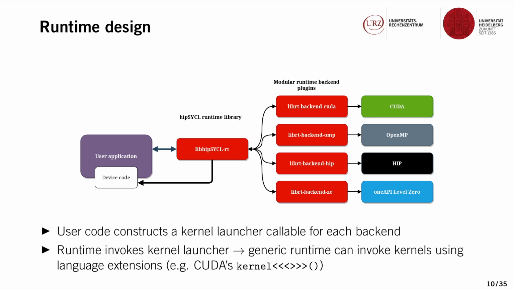And this kernel launcher is then passed to the runtime, which invokes it when it wants to launch a kernel. And this means that since the SYCL headers provide the kernel launchers and the SYCL headers are compiled with potentially a compiler that supports CUDA language extensions, for example, we can also use those extensions to launch kernels, such as CUDA's kernel launch syntax.